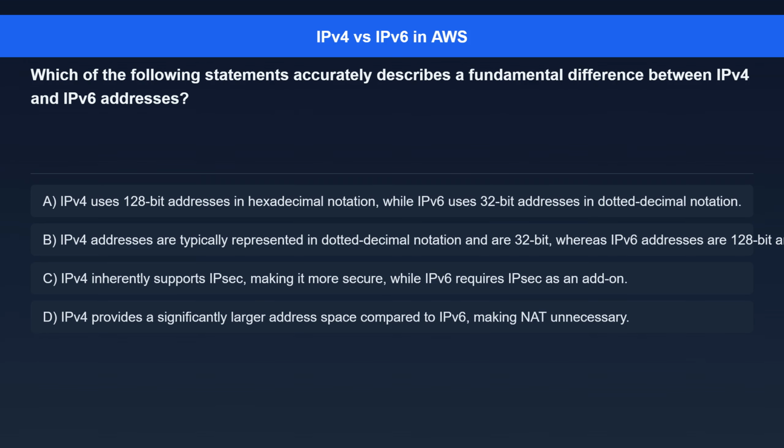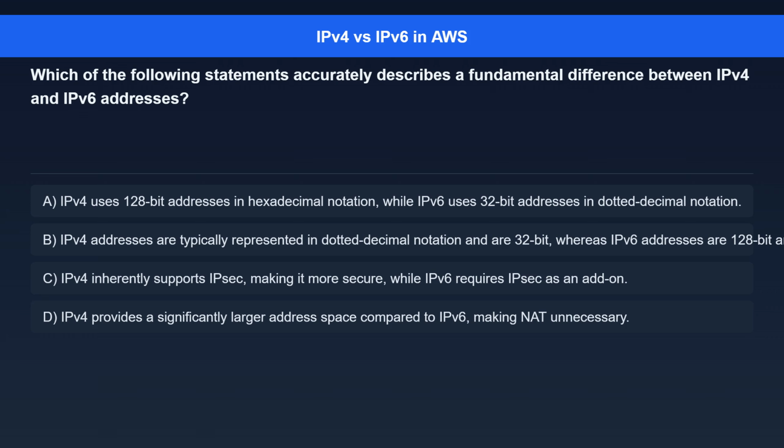Question 7. Which of the following statements accurately describes a fundamental difference between IPv4 and IPv6 addresses? Option A. IPv4 uses 128-bit addresses in hexadecimal notation, while IPv6 uses 32-bit addresses in dotted decimal notation.